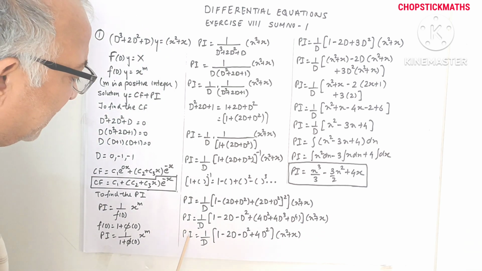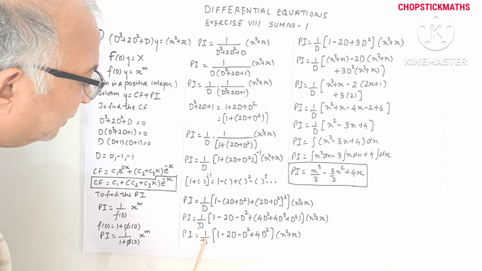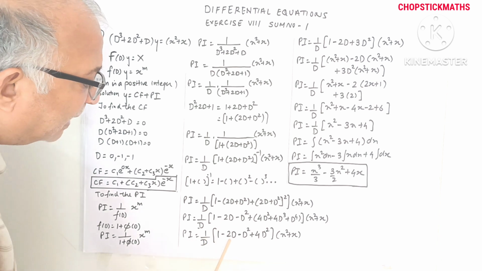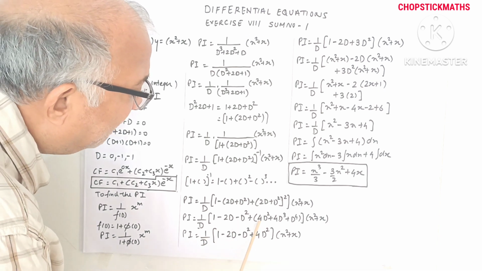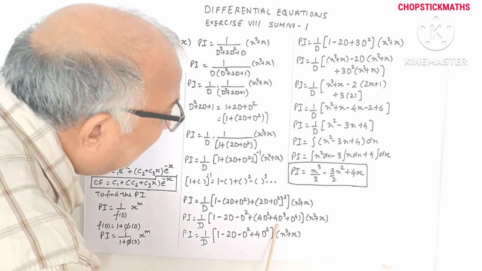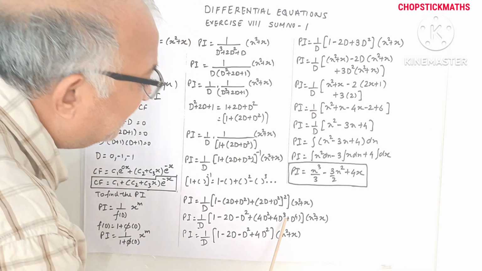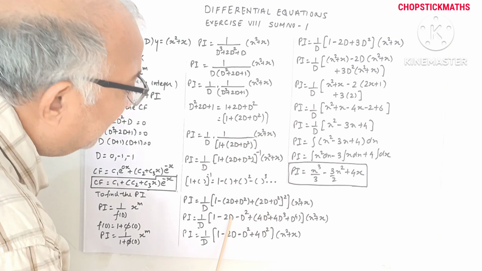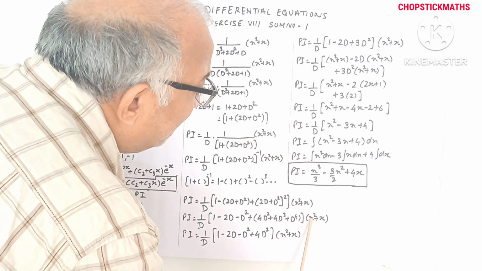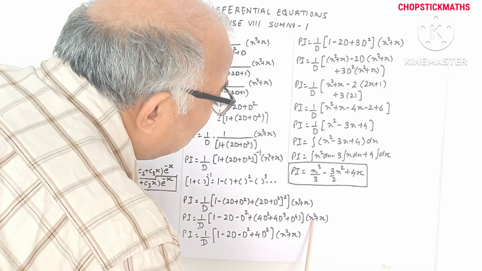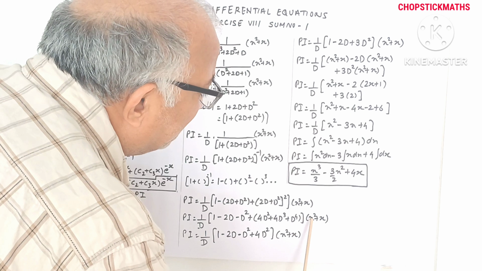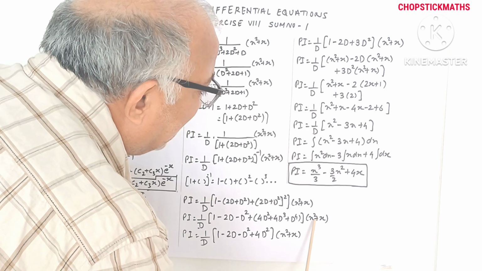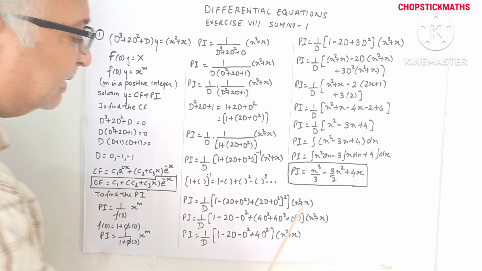Now this would be PI is equal to 1 upon D into bracket 1 minus 2D minus D square plus 4D square. Again, these higher powers we can neglect because D is the differential. The first derivative of x square plus x is 2x plus 1, the second derivative of x square plus x is 2, and the third derivative of x square plus x is 0.